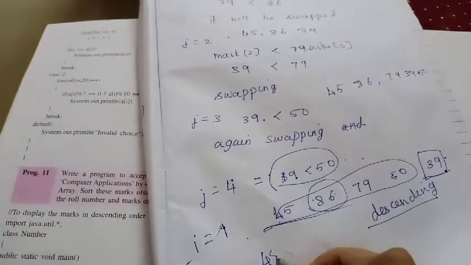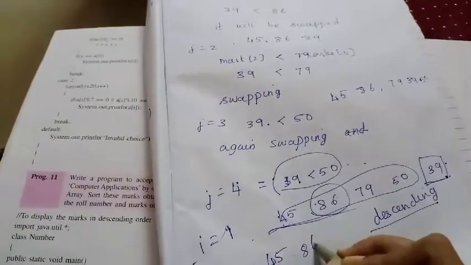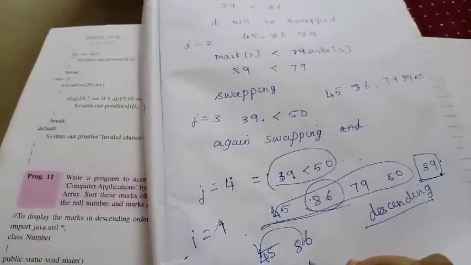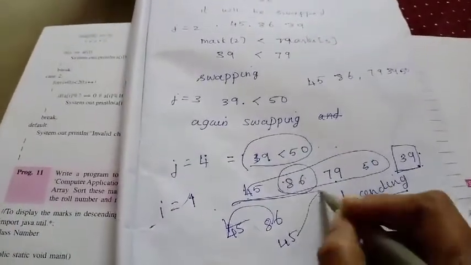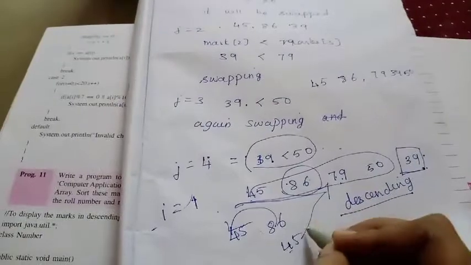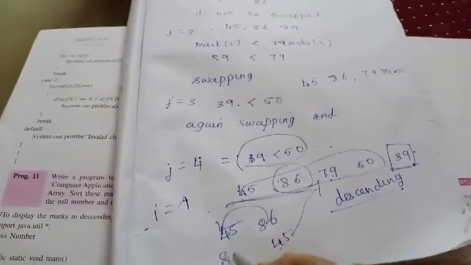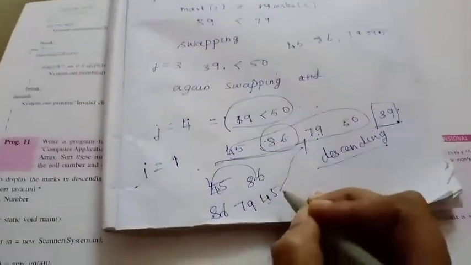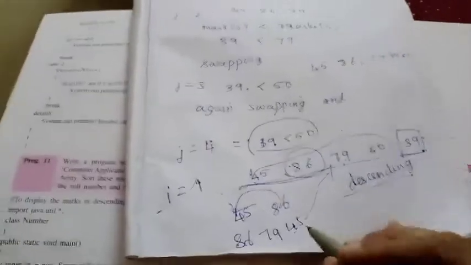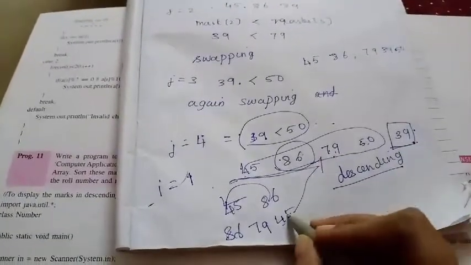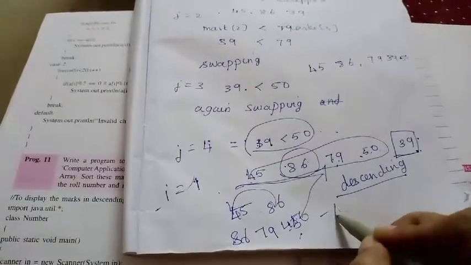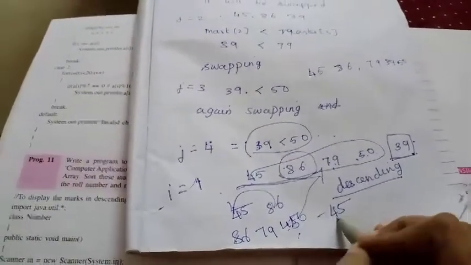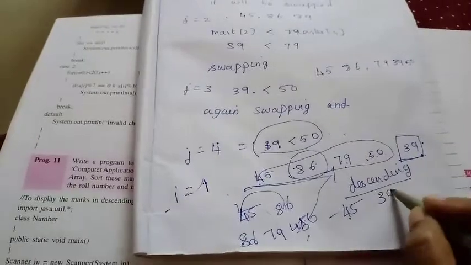So 45 will be compared with 86, and 86 will be pushed here, and 45 will be in the next position, and again it will be compared with 79, and 79 will be pushed here, so we will be having 86, 79, then again 50. So 50 is also greater, so 50 will be coming here, and 45 will be going to the second right position, and at last 39.